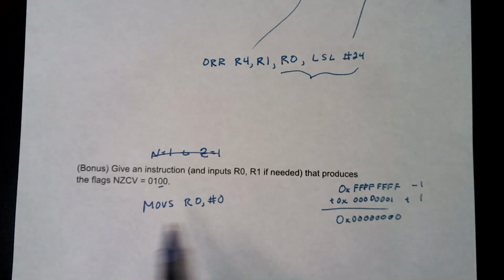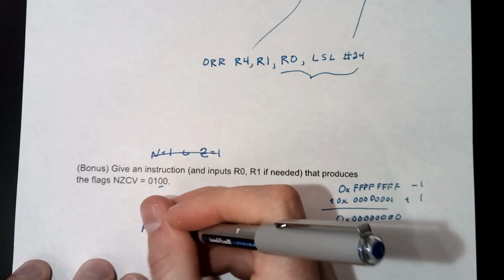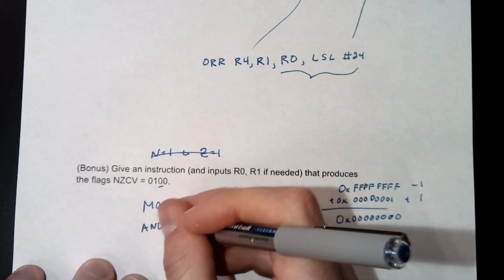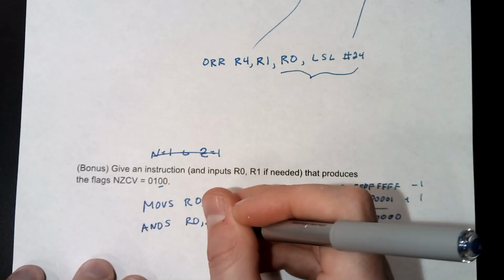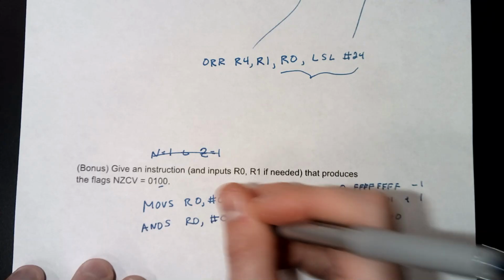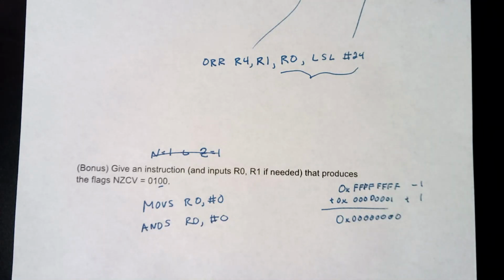We could also do an ANDS of R0 with 0, since ANDing something with 0 leads everything to be zeros. So a couple of options there. Again, this is just a neat trick of a problem. So that's it for the exam. Good luck with your studying.